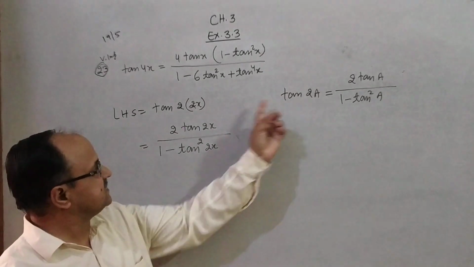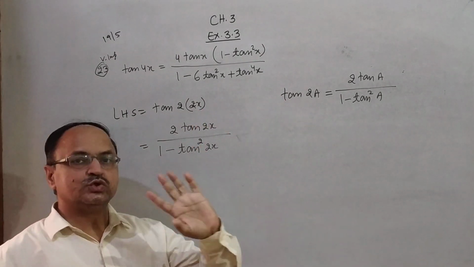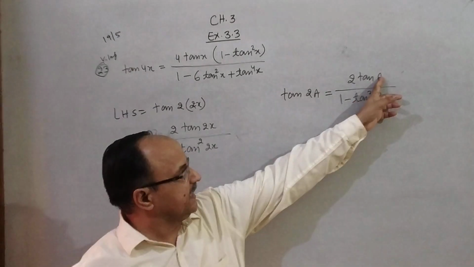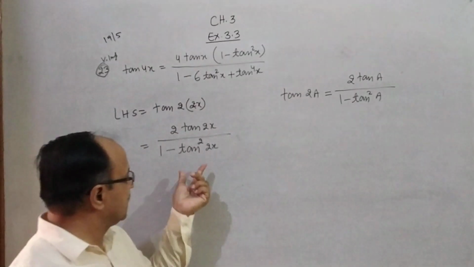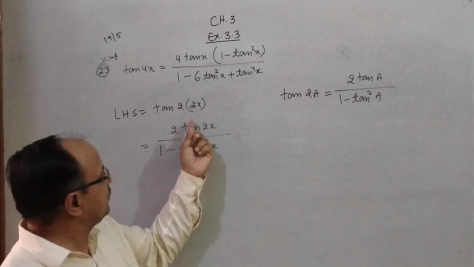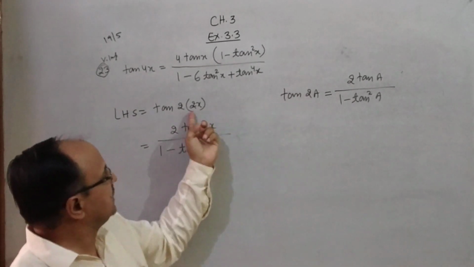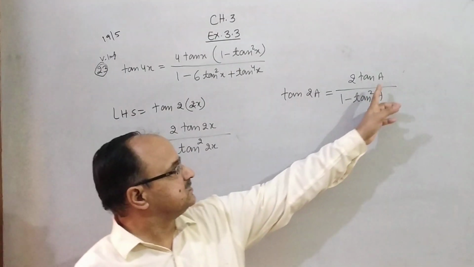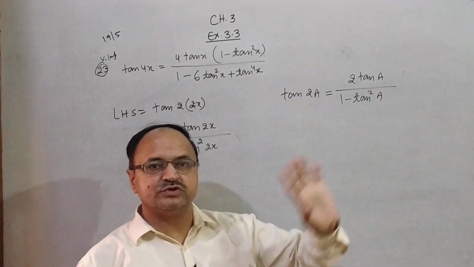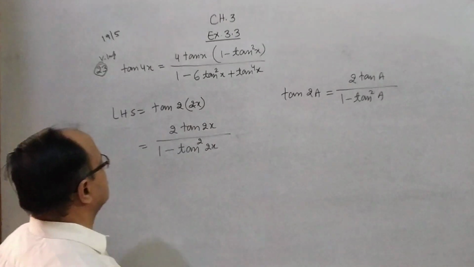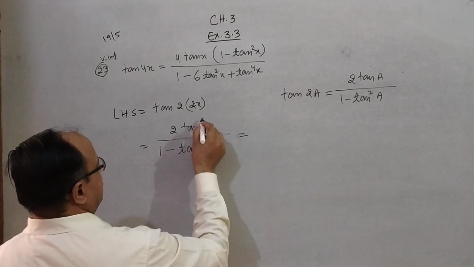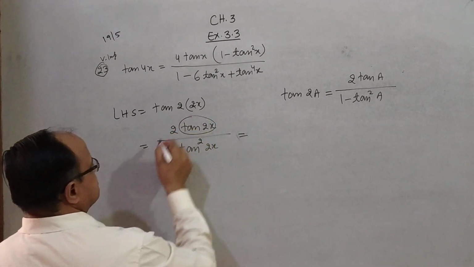When you compare this with this, a is equal to 2x. So here put a is equal to 2x. Now again apply the formula for tan 2x.